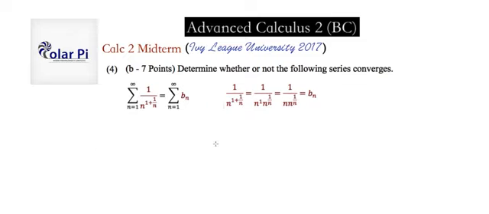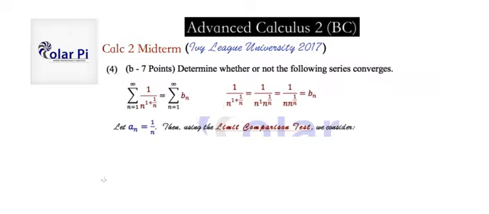We're not going to do a direct comparison, but rather a limit comparison. We're going to say the limit of an over bn, where an is 1 over n, and we know that 1 over n diverges. That's the harmonic series. So taking an to be 1 over n and using the limit comparison test, we consider this quotient an over bn as n goes to infinity, which is going to be 1 over n divided by the bn that we have rewritten in this final form.